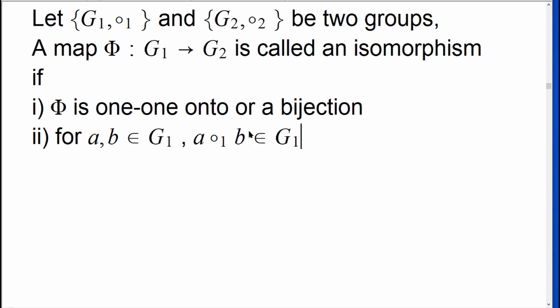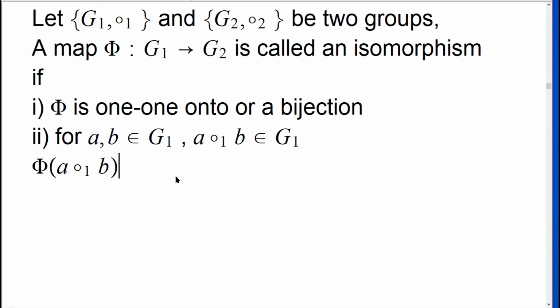Now the condition that we need is this: if I apply this map phi on this element of G1, I will get an element in G2, right?